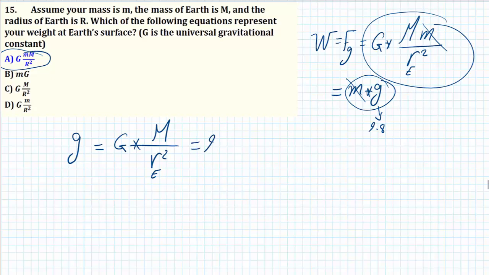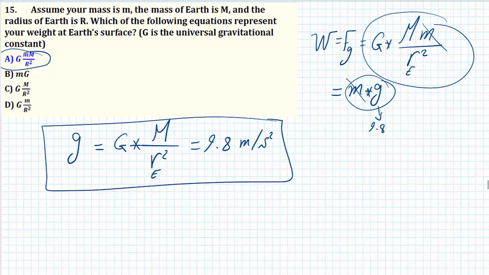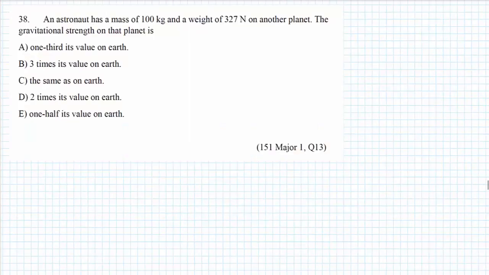So this is equal to 9.8 meter per second square. We might need this equation later. Again, g, the gravity acceleration at the surface of the earth, equals big G, which we call the gravitational constant, times the mass of the earth divided by the radius of the earth squared. This amount is the 9.8 that we know.